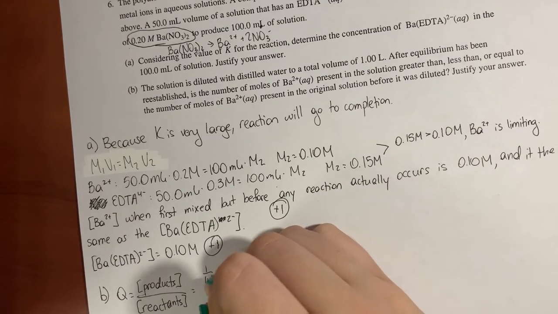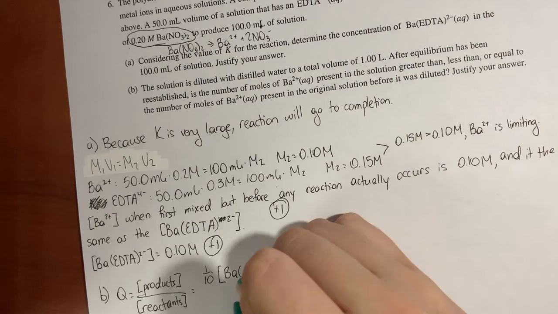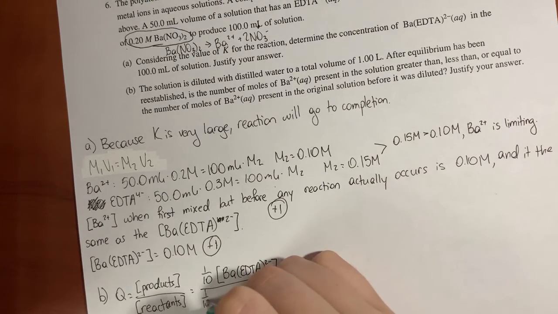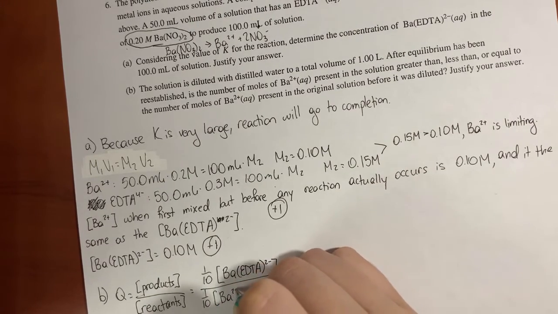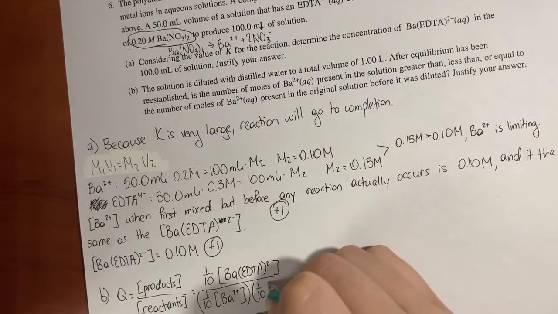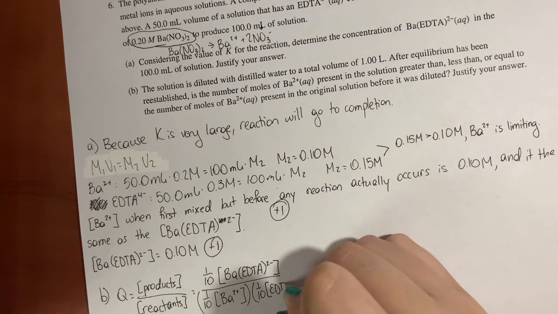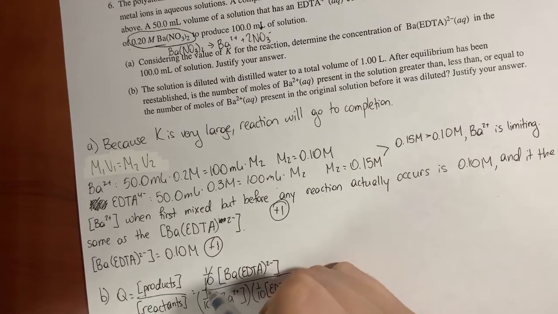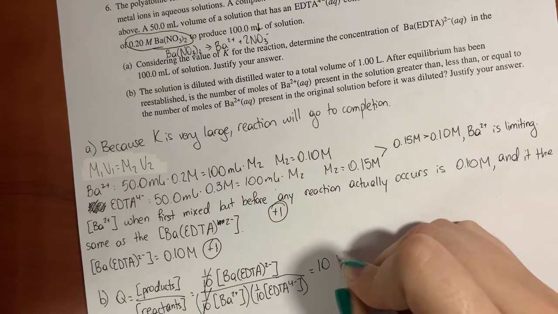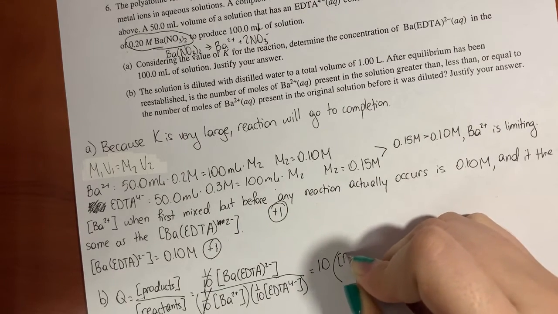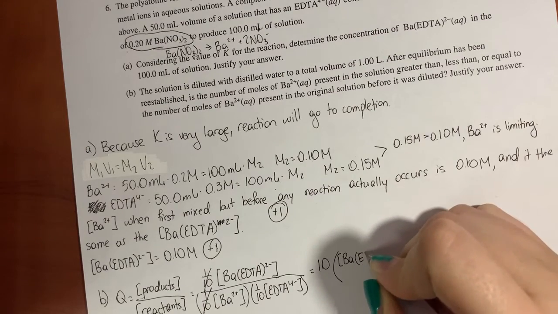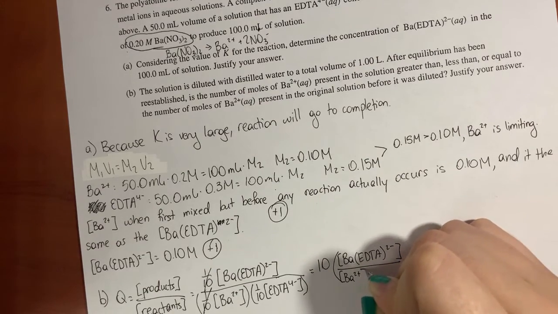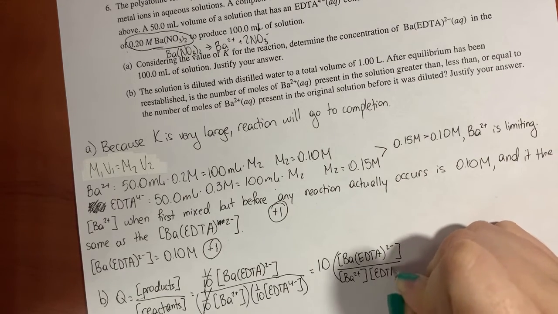So we can write Q equals 1/10 [Ba-EDTA2-] over 1/10 [Ba2+] times 1/10 [EDTA4-], and the 1/10s cancel out, and we have 10 times [Ba-EDTA2-] over [Ba2+] times [EDTA4-].